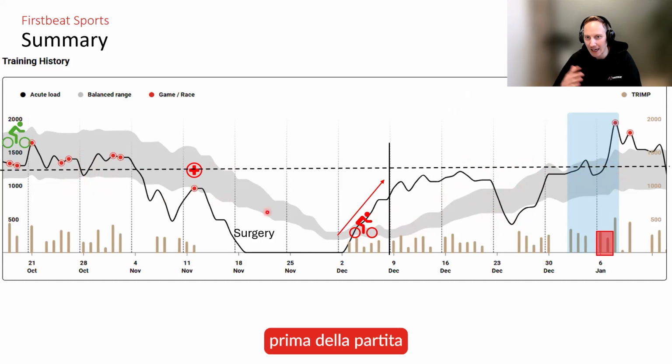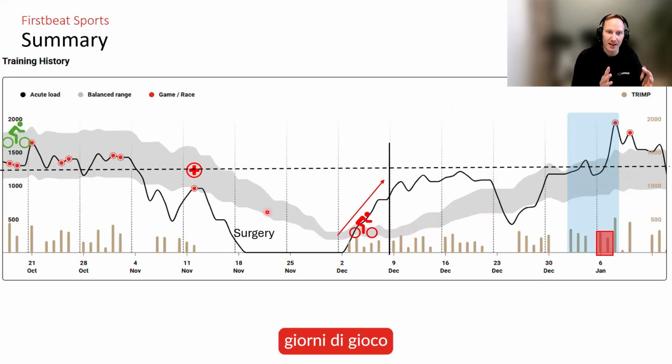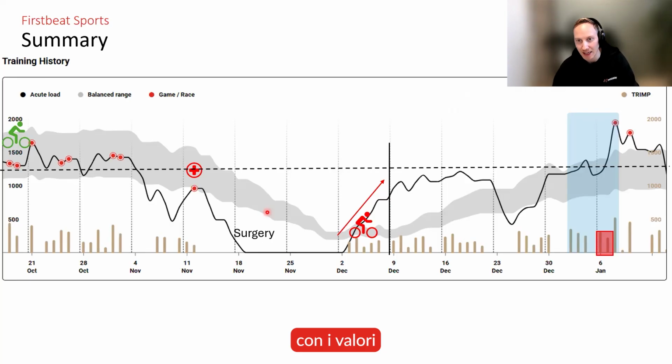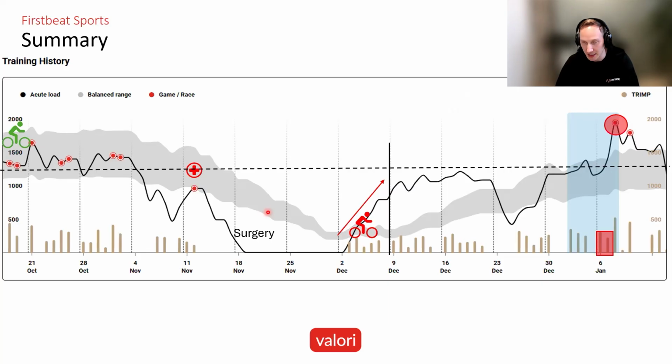acute load. And there, before the game, we are comparing game day -2 and game day -1 values to the pre-injury values to make sure that the athlete is in good condition. And lastly, we are using the game values to compare again to pre-injury values to see how he is reacting to the game load, to the most demanding phases.